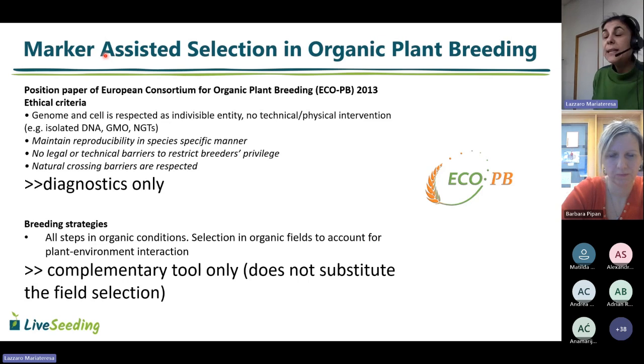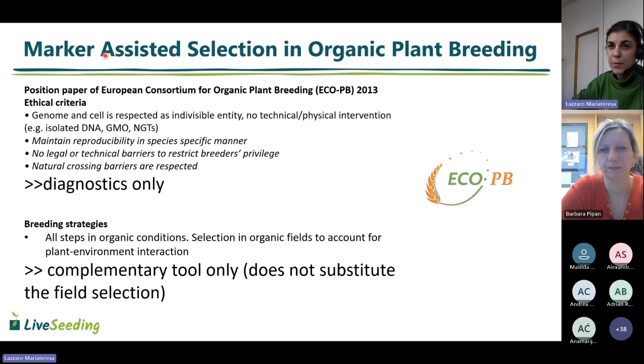In terms of the ethical criteria of organic plant breeding, the cell is respected as an individual entity, so no technical or physical intervention is made below the cell level. This means no use of GMO or NGT techniques. Nevertheless, every molecular breeding technique like marker-assisted selection or genomic selection, which are diagnostic techniques, is suitable for organic plant breeding approaches.